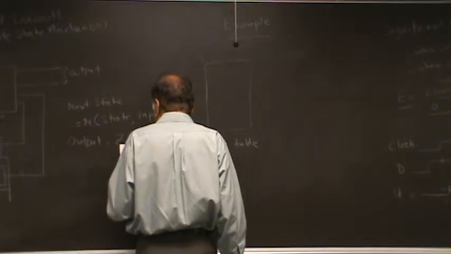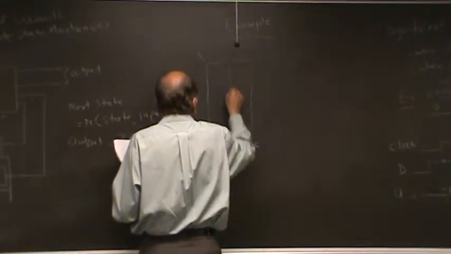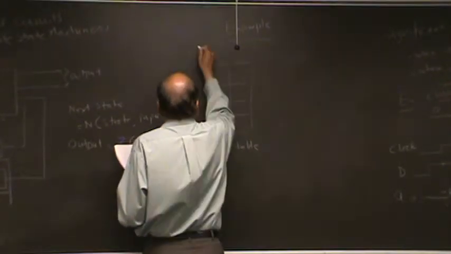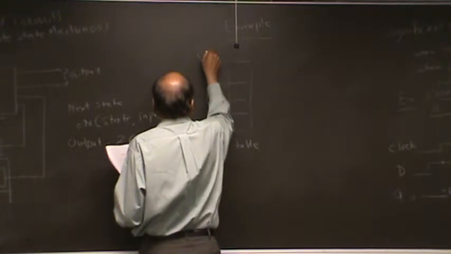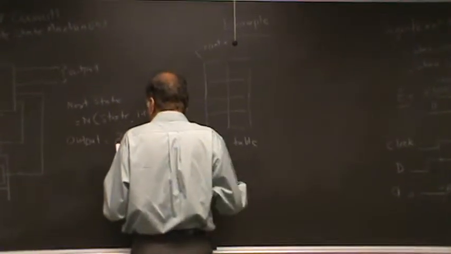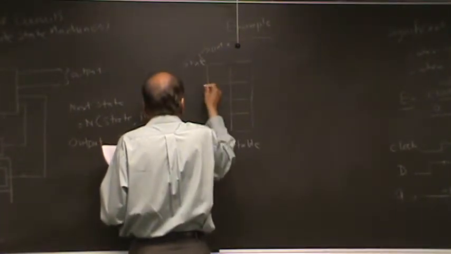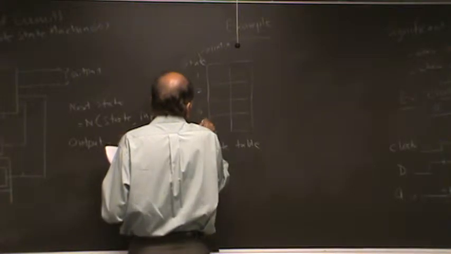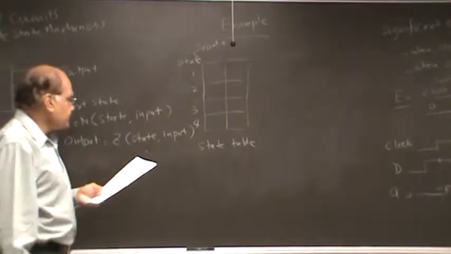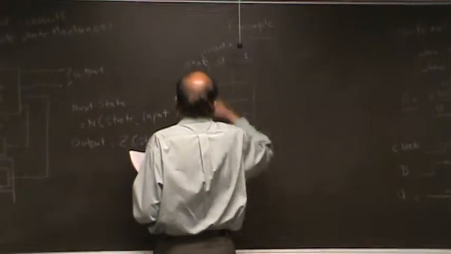And let us assume that in this state table, now people organize their state tables in different ways, let us assume that we have one input x, and we have four states, 1, 2, 3, and 4. So these are the four states. And input x can be 0 or 1.